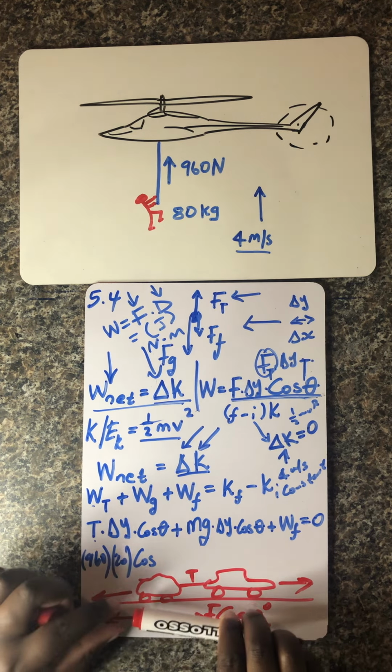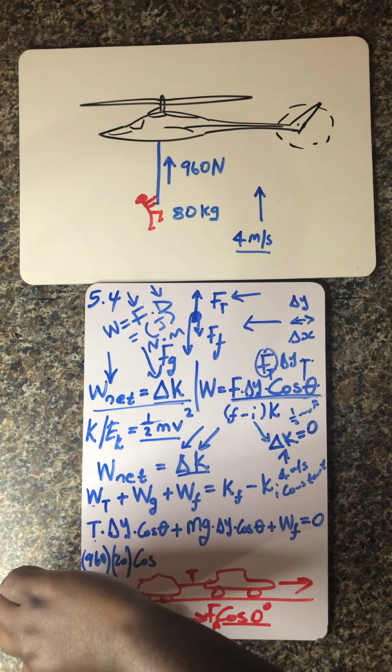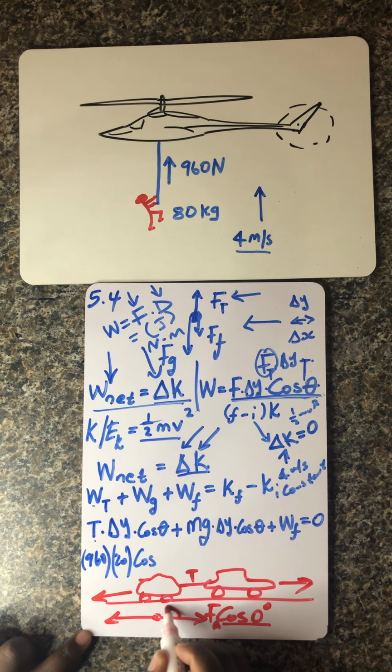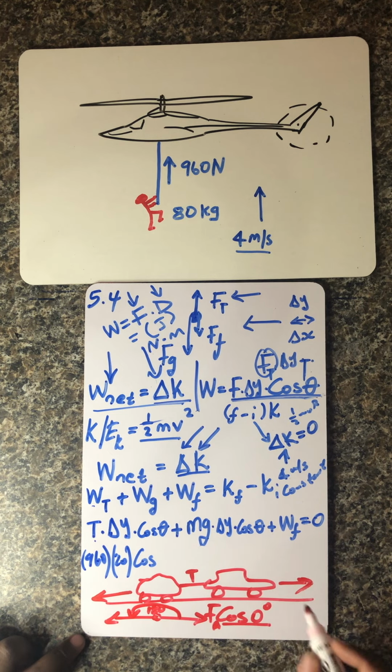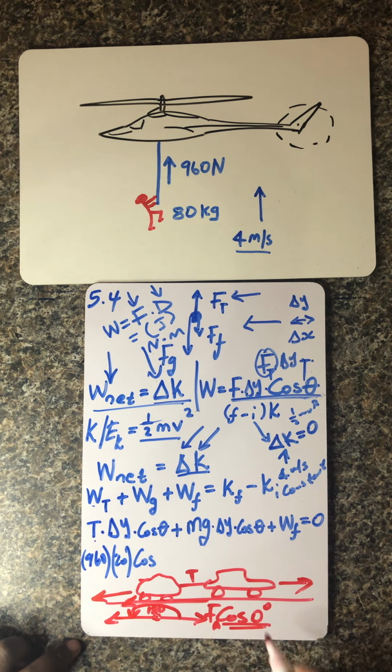Now that you've got the opposite force in the opposite direction, then it forms that angle of 180 degrees. So that means a force of friction will be cos of 180 degrees.